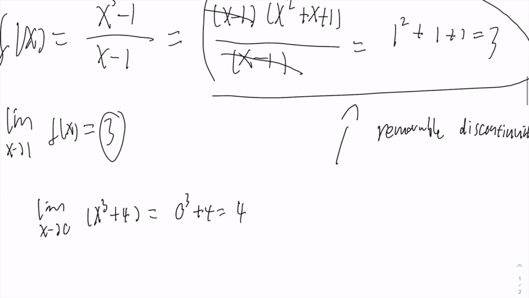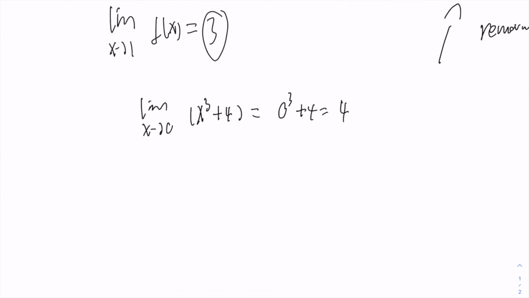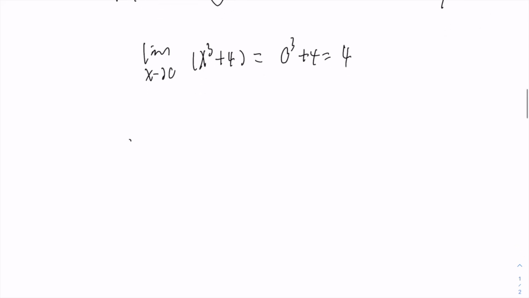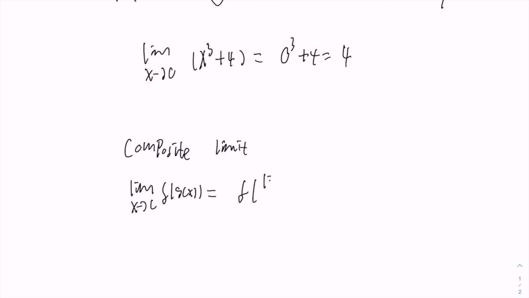Another thing I want to show you is the composite limit. The composite limit has a formula here: limit x approaches 3 of f of g of x equals f of the limit as x approaches 3 of g of x.